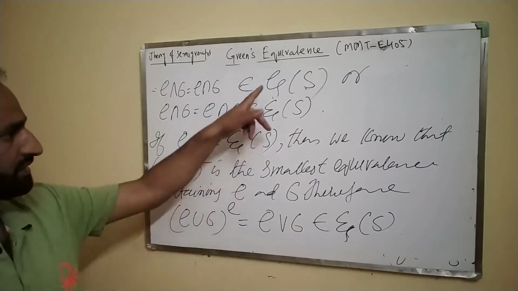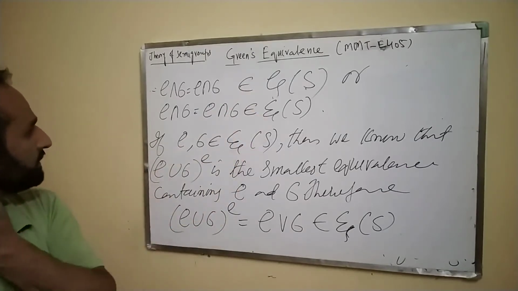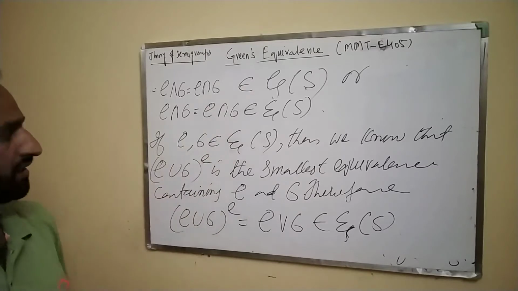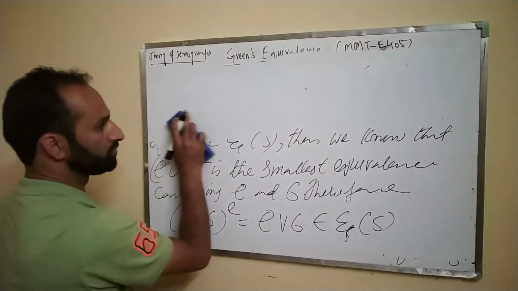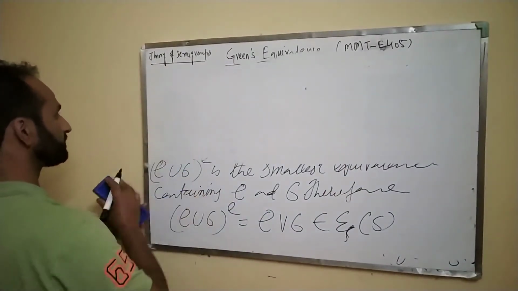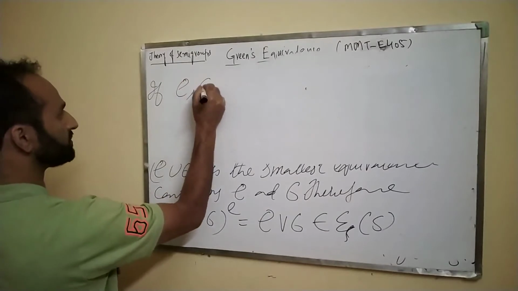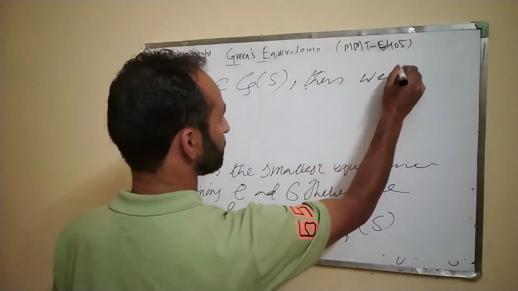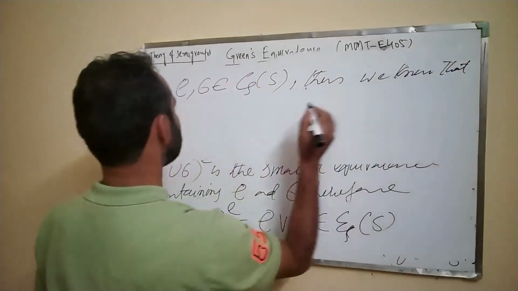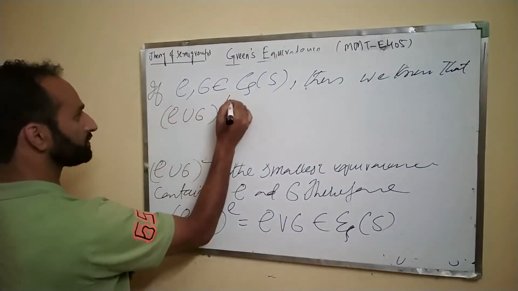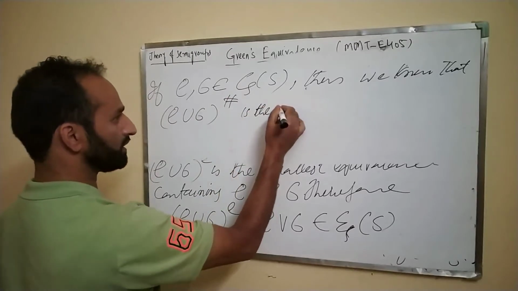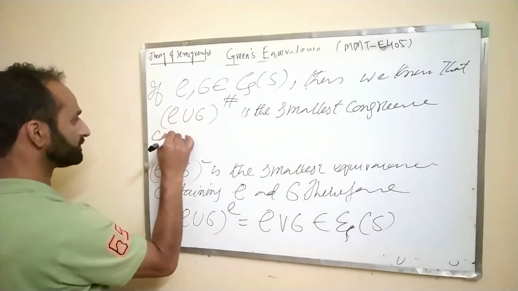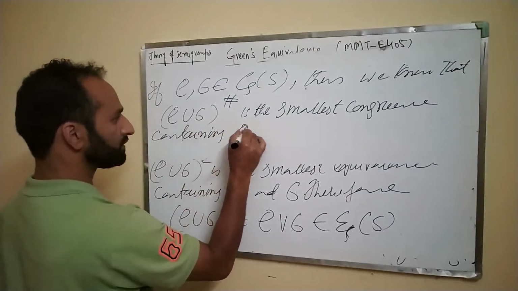In other words, C of S is also closed under the least upper bound, because it contains the least upper bound of any two members of C of S. Now, if rho and sigma are in cursive C of S, then we know that rho union sigma sharp is the smallest congruence containing rho and sigma.